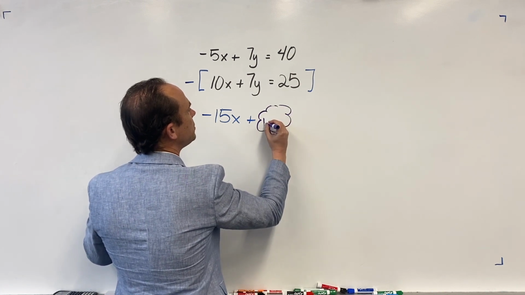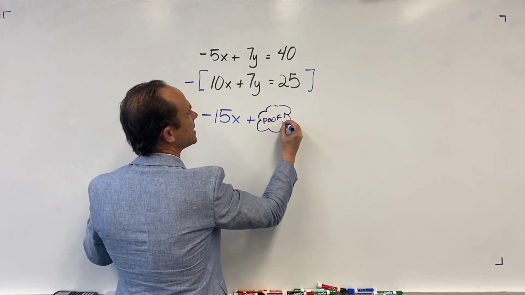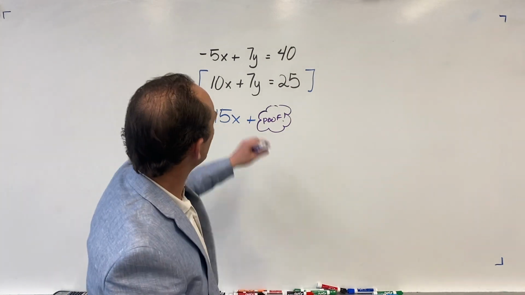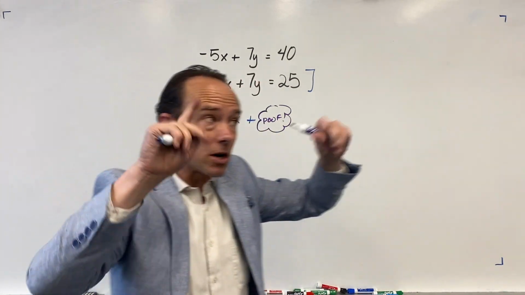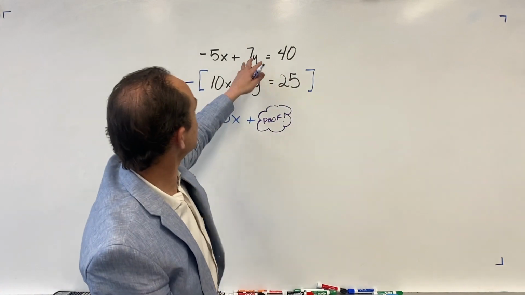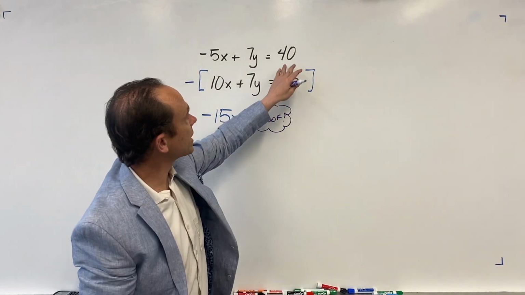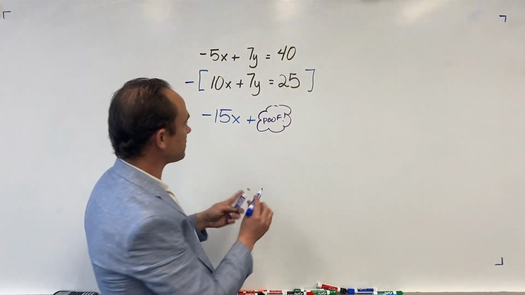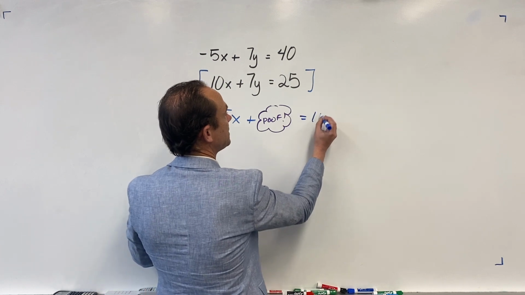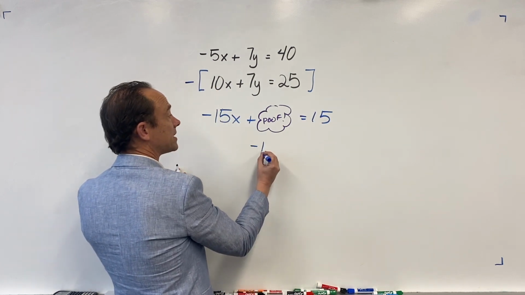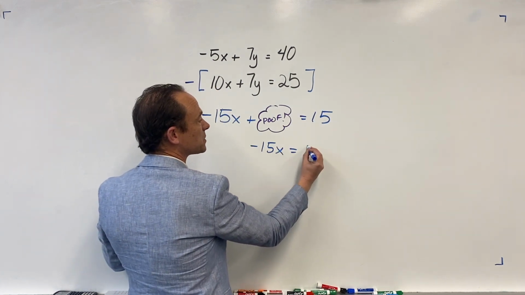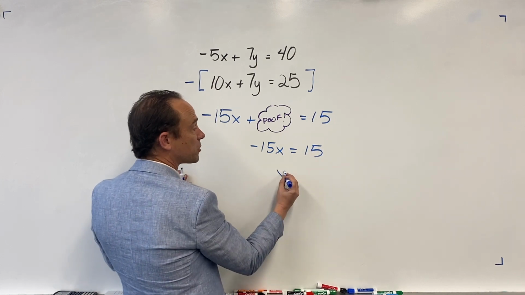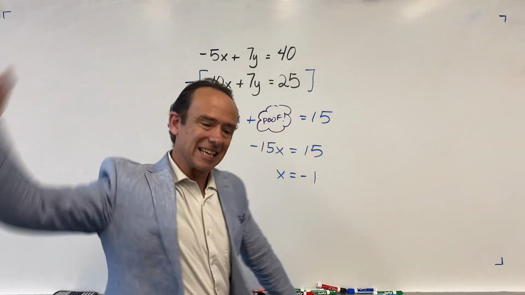I'm going to write poof to indicate the elimination of the variable. There goes the y's. They went away, because you got 7y minus 7y. And over here I got 40, take away 25. That's going to be 15. So negative 15x is equal to 15. Therefore, x is equal to negative 1.